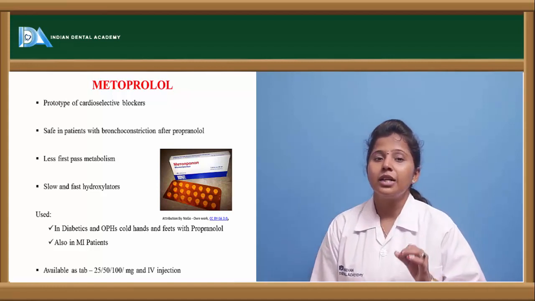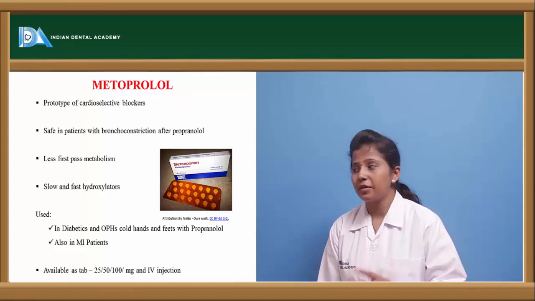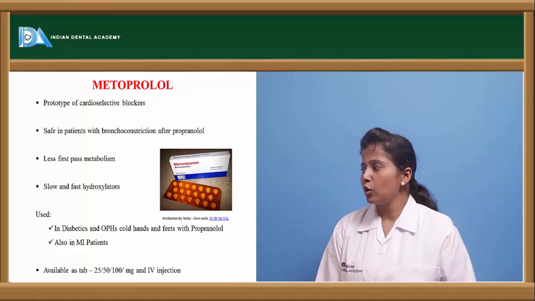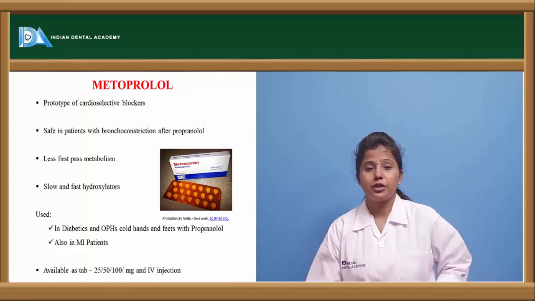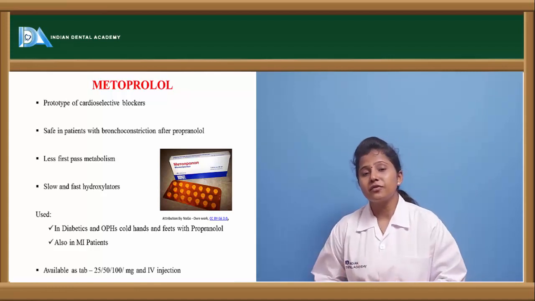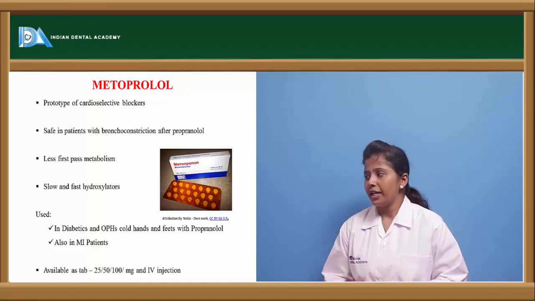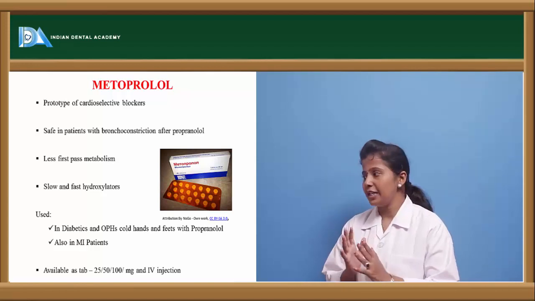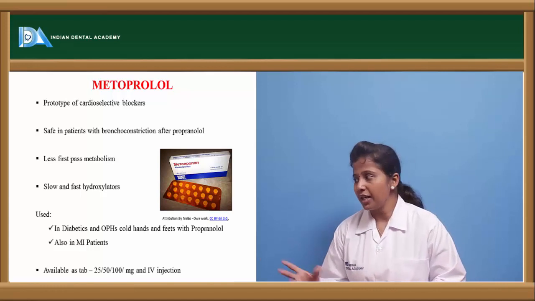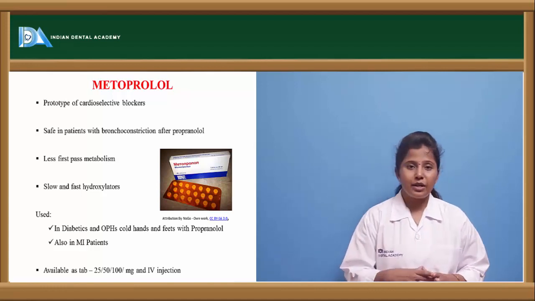That is the reason the oral route of administration is preferred, and it shows slow hydroxylation. I mean, the metabolism of the drug is also slow, and it is used in conditions like myocardial infarction, as well as in diabetes conditions also.